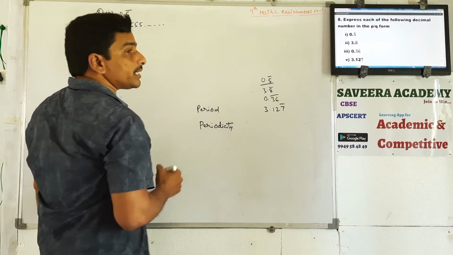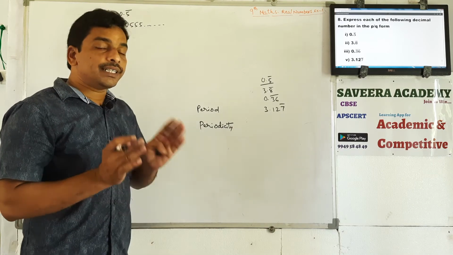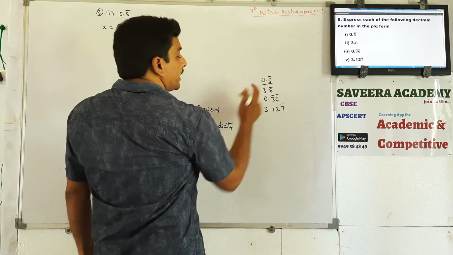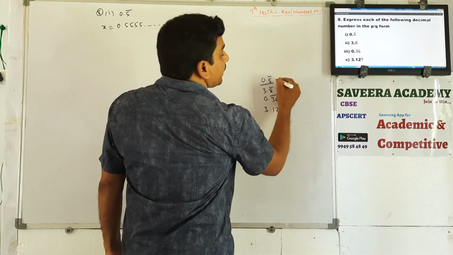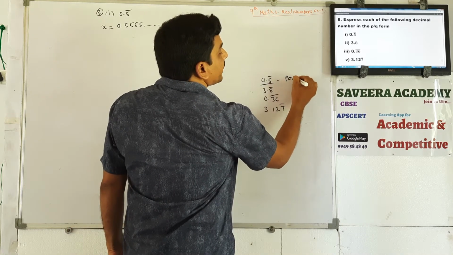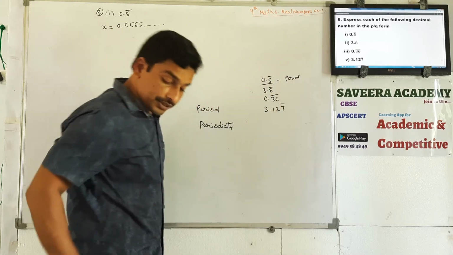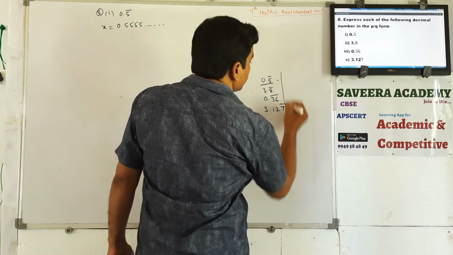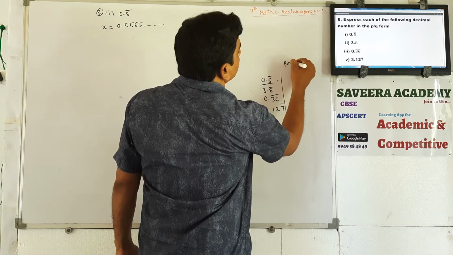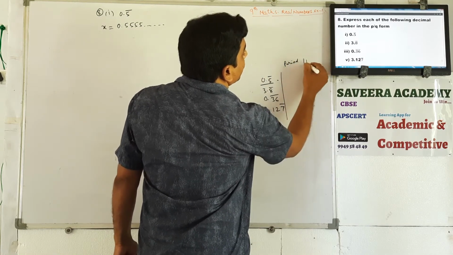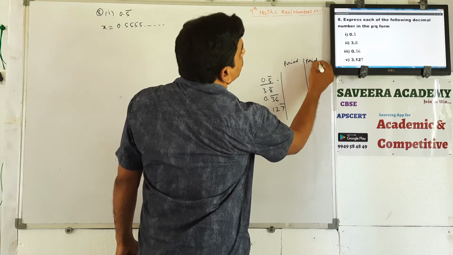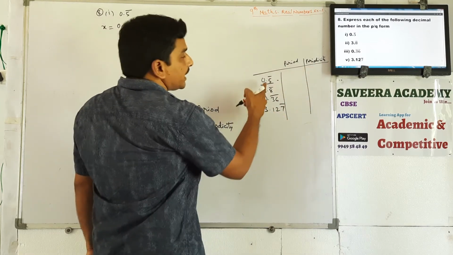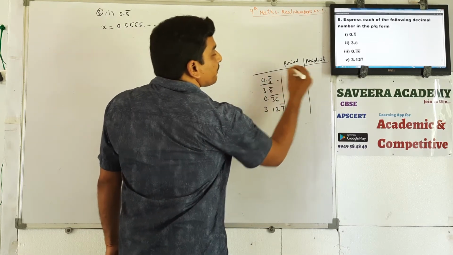Period and periodicity. Period means the digits which are repeating are called the period. Here 5 is repeating, so 5 is the period.